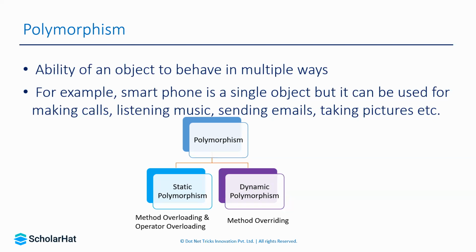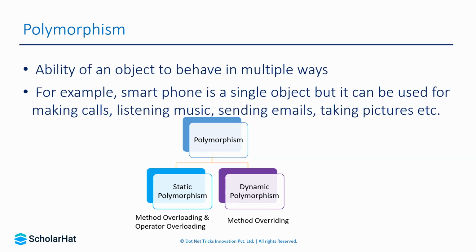Static means the polymorphism we decide at compile time, and the polymorphism decided at runtime is the dynamic one. For static, we have method overloading and operator overloading. For dynamic, we have method overriding. So these are the types of polymorphism.